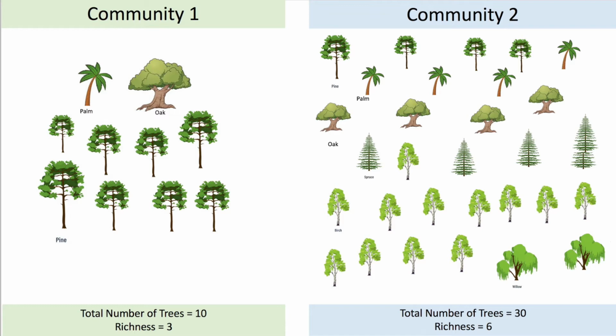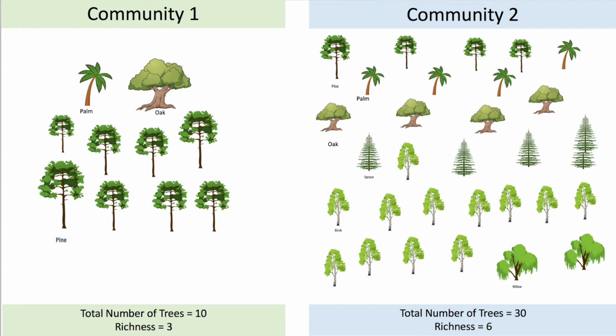We have spruce trees, birch trees, and willow trees. In this community, we have a total of 30 trees, so our sample size for this community is 30. But our richness, the types of unique trees we have, is 6, because we have 6 unique types of trees.